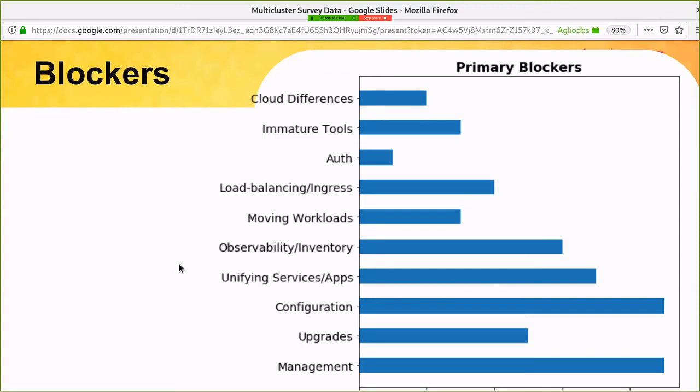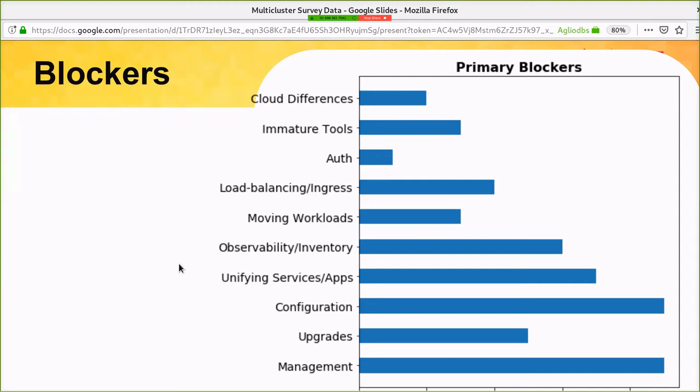Like people cited things like, hey, if they're using HashiCorp Vault for secure credentials, et cetera, they want it to work across all of their multiple clusters. The other popular problems: top-level observability of all of the stuff across all of the clusters, all of the individual clusters' information.